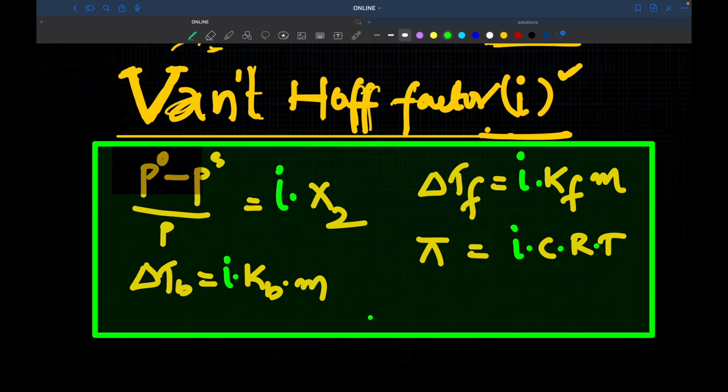After correcting with the Van 't Hoff factor, it looks like this. All you need to know is, if the Van 't Hoff factor is 1, then there is no problem. If i is not equal to 1, then only you have to use it, otherwise you don't have to use it.